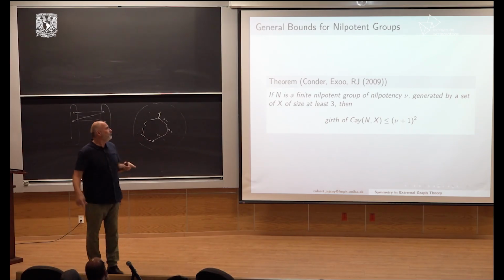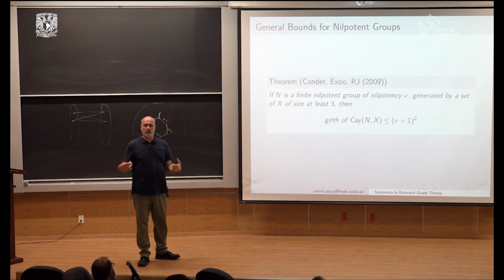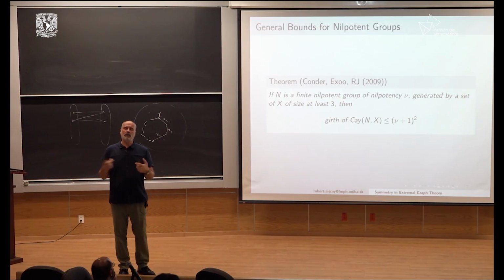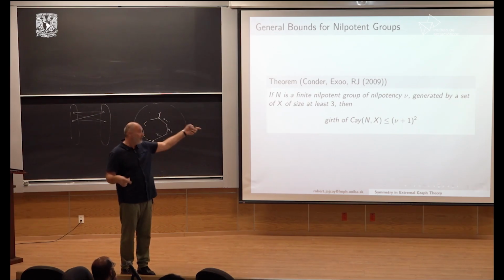I should stress that I don't claim this to be really deep. It simply means understanding what the nilpotency means, and then coming up with a short word. Well, short with respect to that.